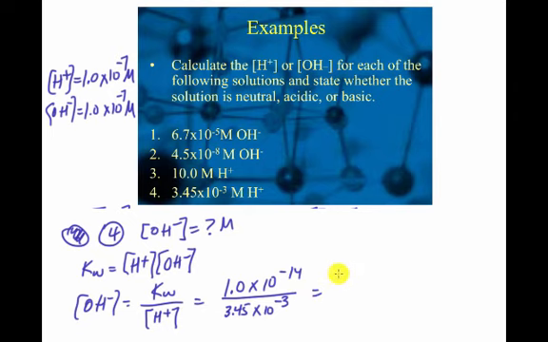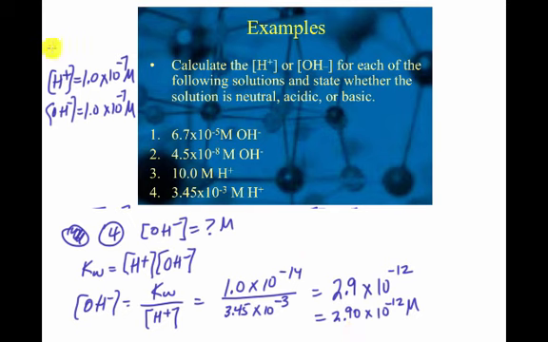And when I plug everything in, I end up with 2.9 times 10 to the minus 12. I probably should go 3 significant figures, so I'll make it 2.90 times 10 to the minus 12. And that would be molarity.